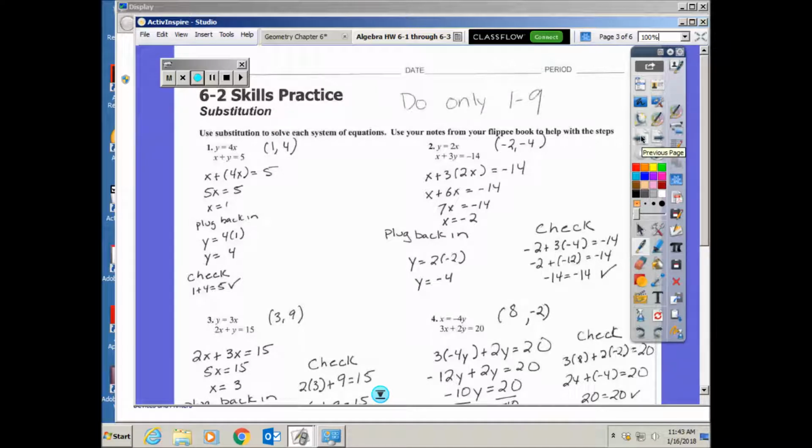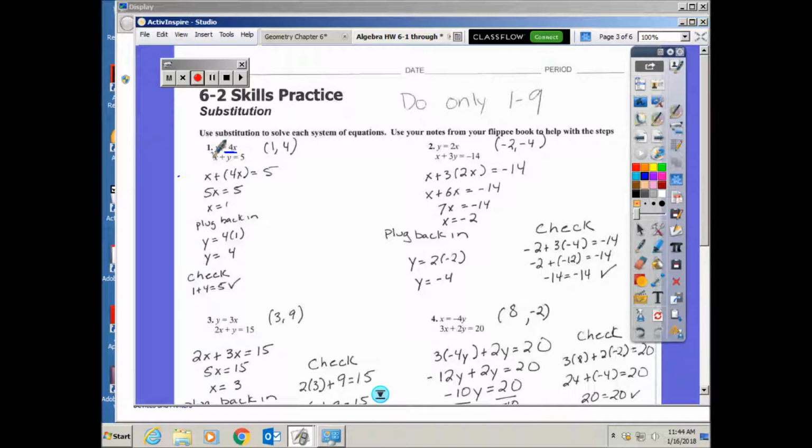Okay, thank you. So, the first step is to have one equation where the variable is by itself. The next step is to substitute the expression. So this is the expression for the variable.